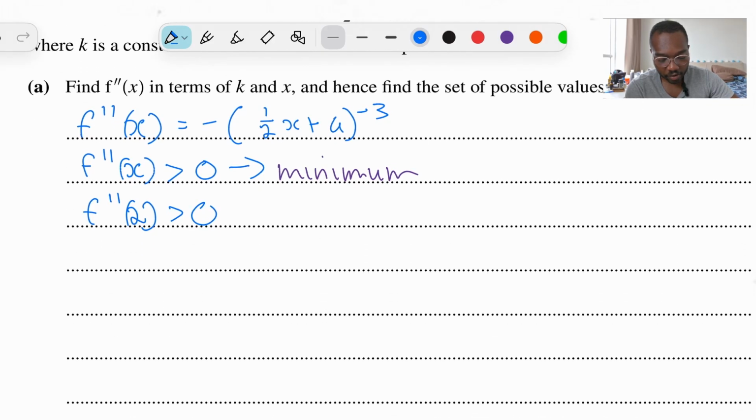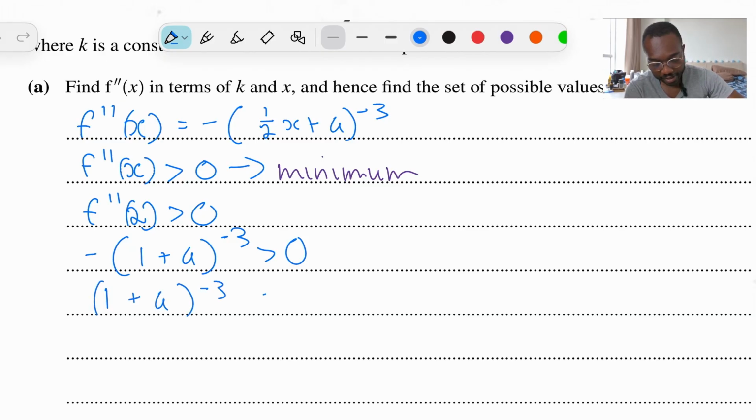So let's do that. We get minus a half times 1 plus k to the minus 3, and that has to be greater than 0. Now, if we bring that minus to the side, it's going to flip the inequality. So we end up with 1 plus k to the minus 3 being less than 0.